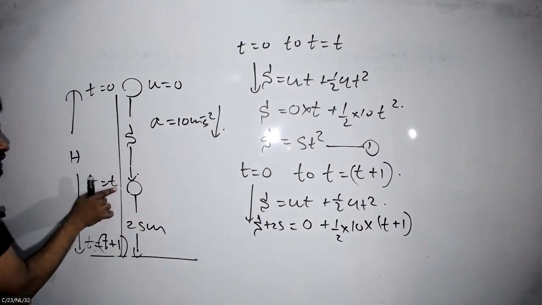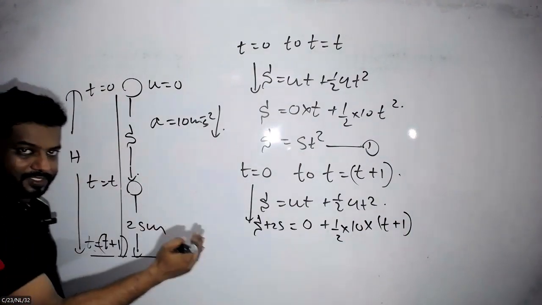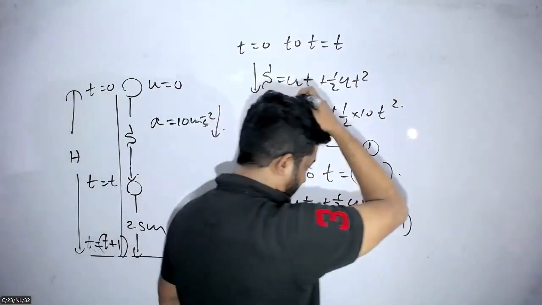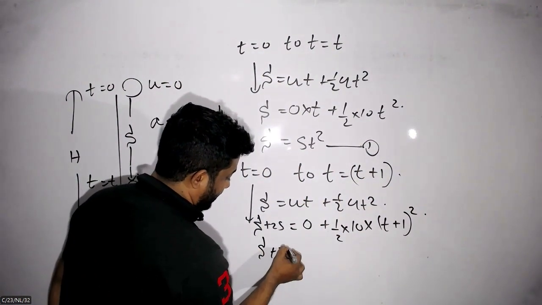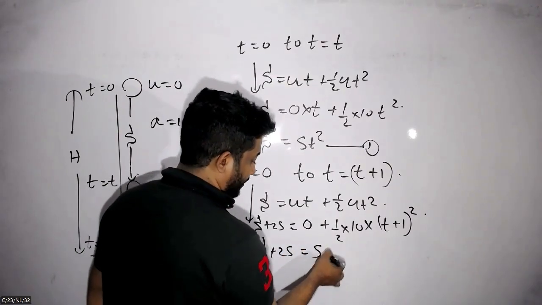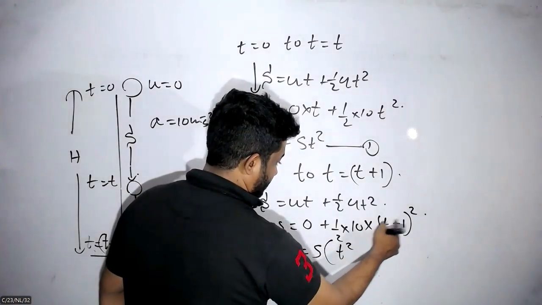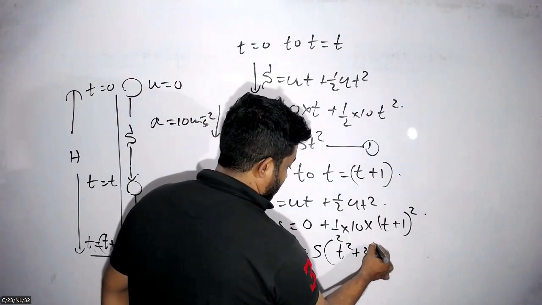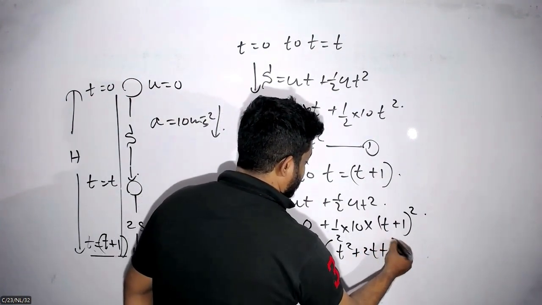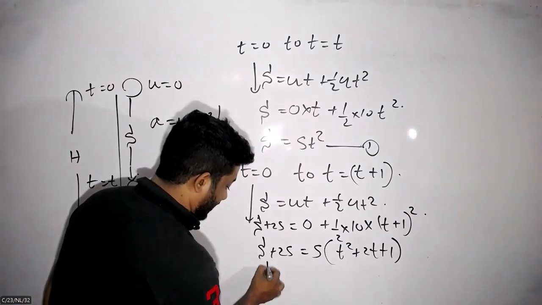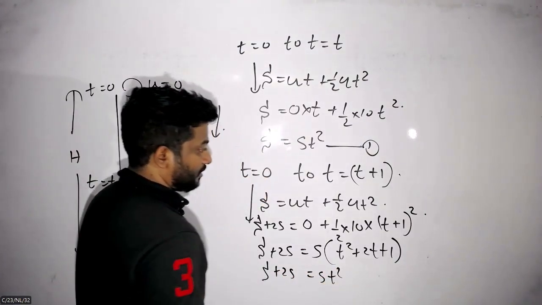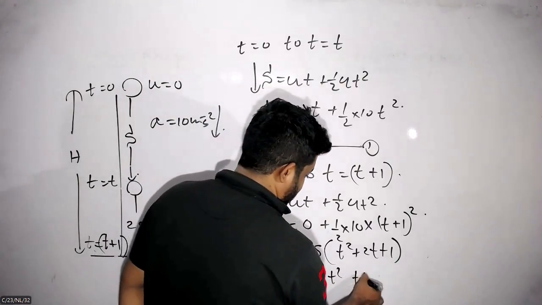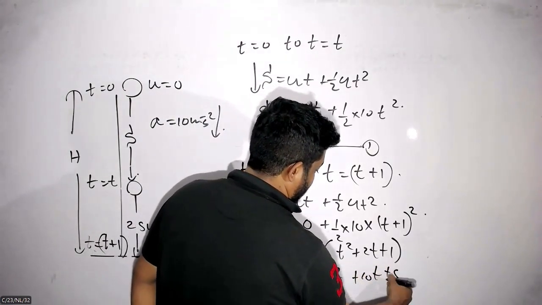From here to here t and another 1 second, so total time interval is t plus 1 squared, right? Then s plus 25 is equal to 5 times t squared, square of the first term, into second term into 2, and square of the last term. Then s plus 25 is equal to 5t squared plus 10t plus 5.